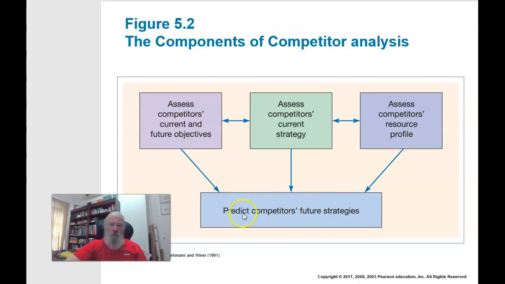Assess their current strategy. Think about what resources they've got with the resource-based view, and then predict what they're going to do. Now, I have to say that we were not particularly good at doing this. We did this bit really well, we did this bit really well, and we did this bit really well. And we predicted our competitors' future strategies, and amazingly, we nearly always got it wrong.